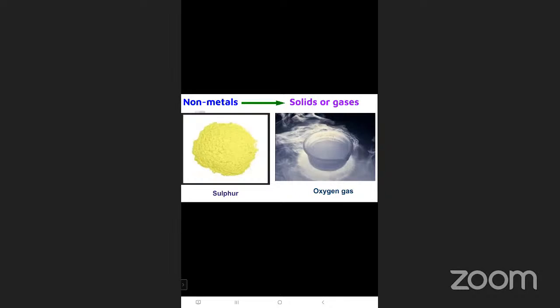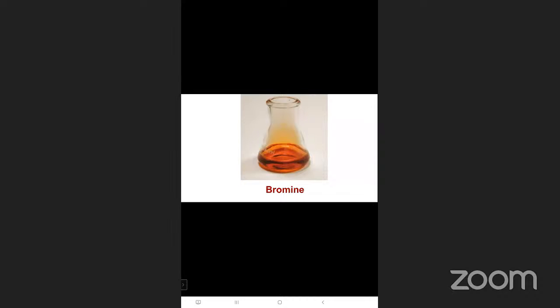Generally they are solids or gases. But the only metal, sorry, non-metal, only one non-metal, that is bromine, is a liquid at room temperature.